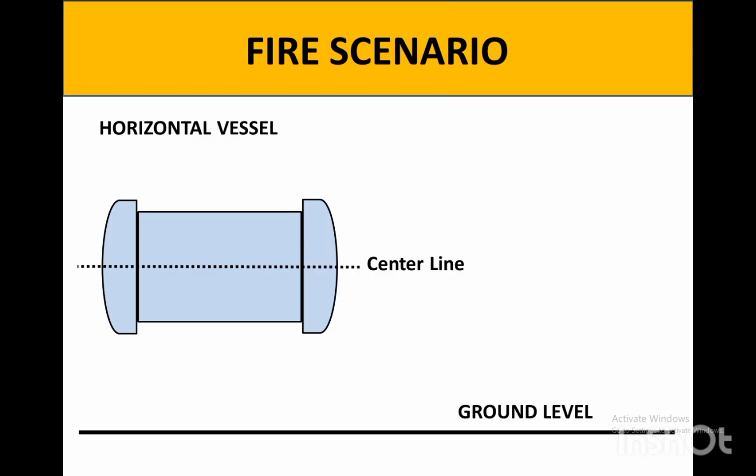But when it comes to the horizontal vessel, it could be quite challenging in comparison to the vertical vessel. Let's consider this horizontal vessel is installed less than 7.6 meter above the ground, so the fire is applicable. The wetted surface area for this orientation is classified into two types.